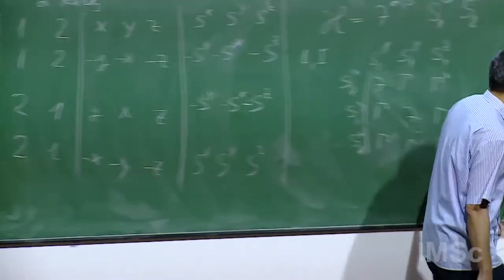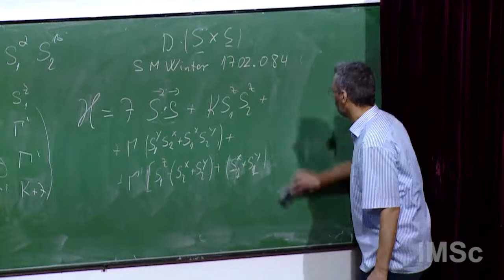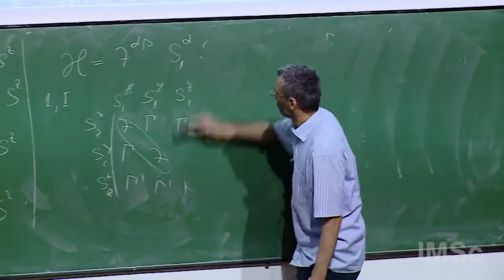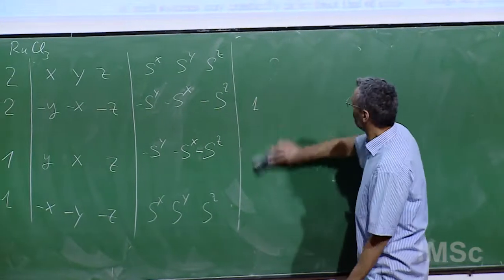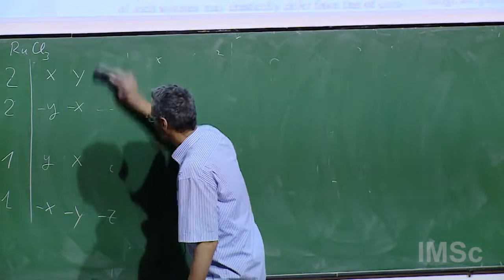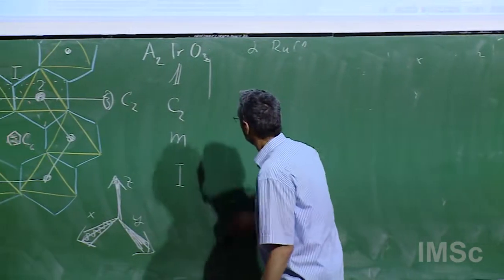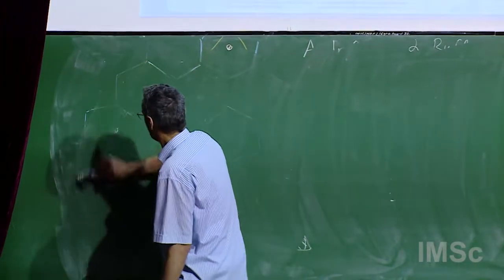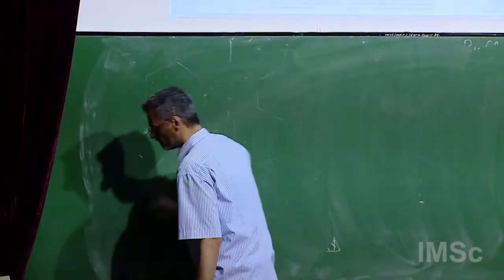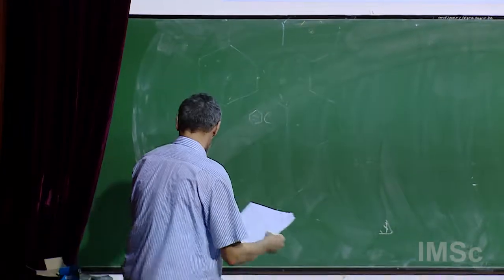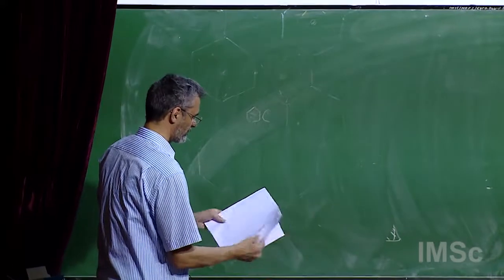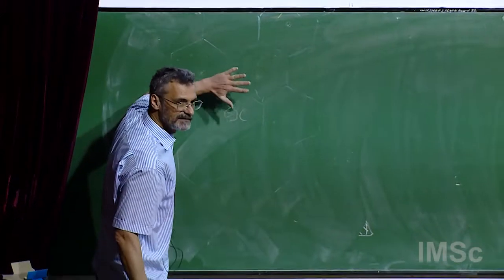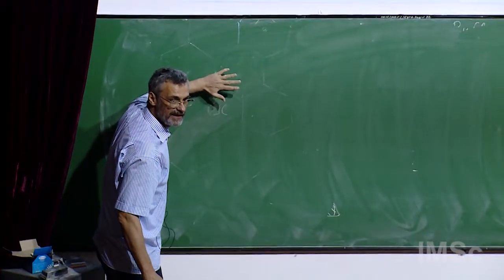Now I would like to apply the same symmetry argument to a different case. Before doing that, remember that this was not the symmetry group of a pure honeycomb lattice.